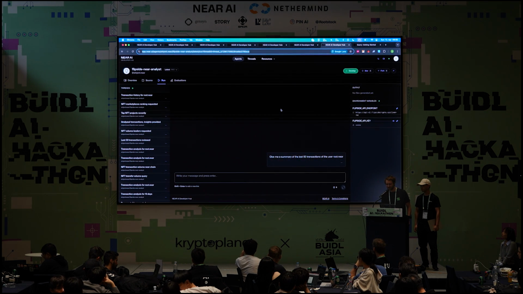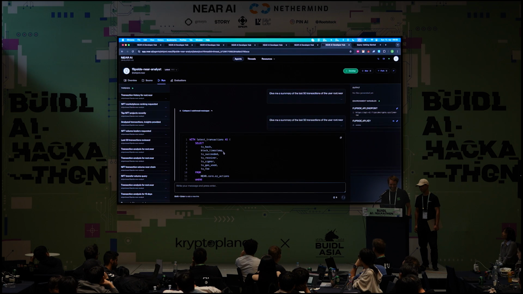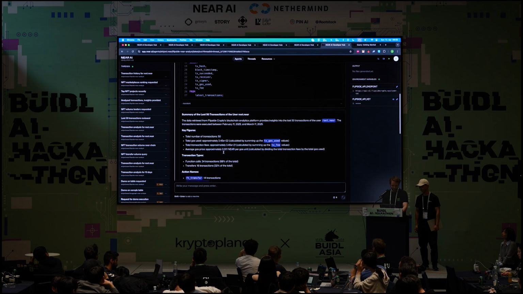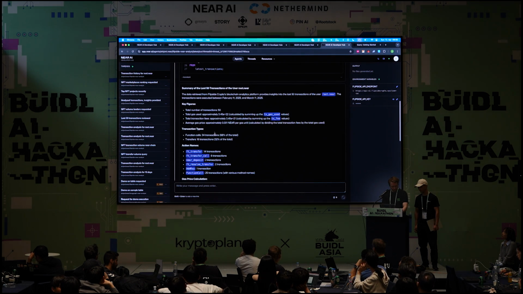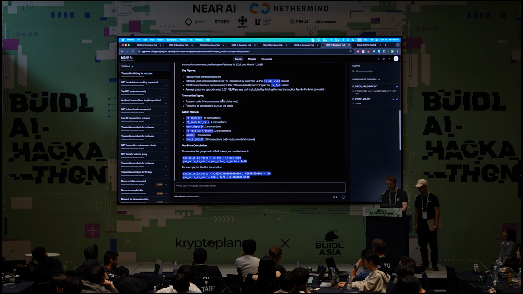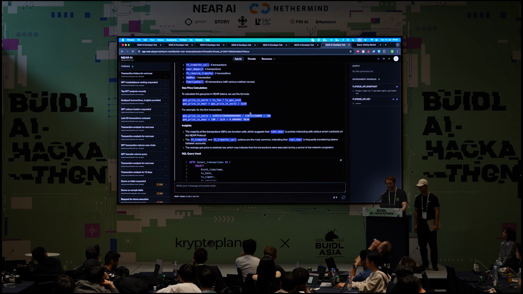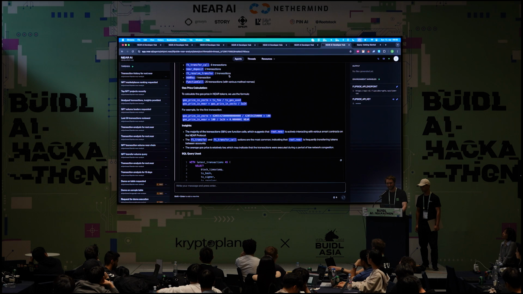And let's see what Ilya was up to in the last 50 transactions. Okay, a lot of function calls, some transfers, so he's hacking around. We calculate the gas that he paid on it. I just learned that the gas fees on NEAR are pretty low.